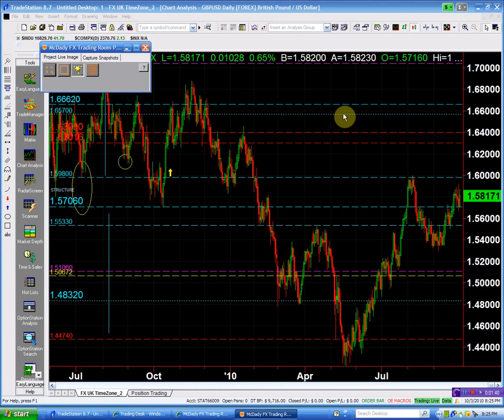If the dollar continues its slide, and you will be able to see that in the dollar Swiss, the dollar yen, the euro dollar, the Aussie dollar, if you see all these pairs going up, then your last choice to be a buyer in that currency would be the pound, and you're looking for a push towards 159.80.